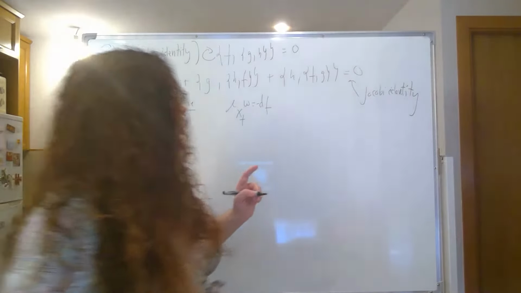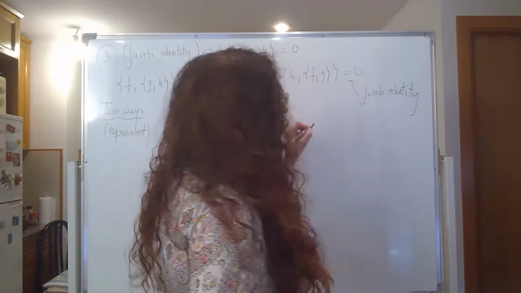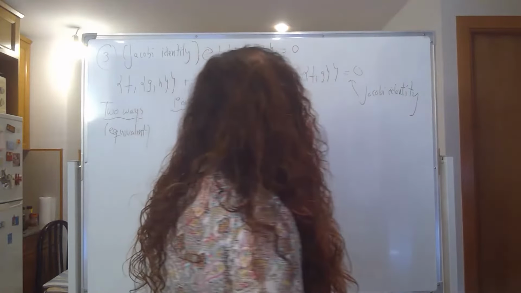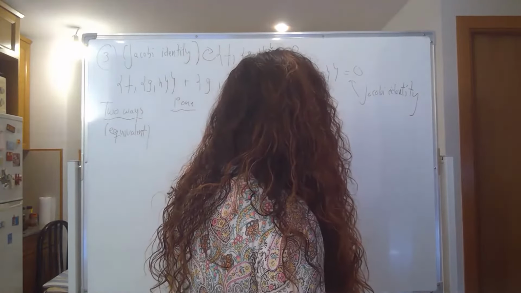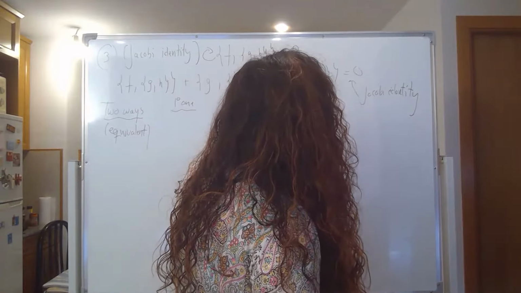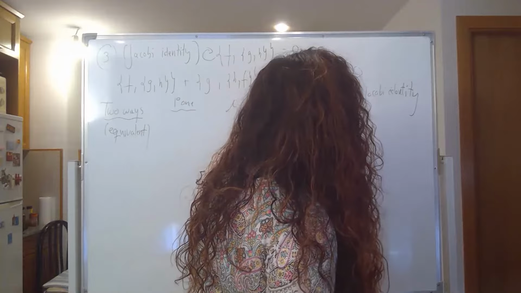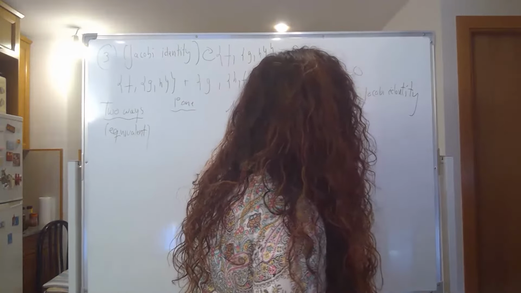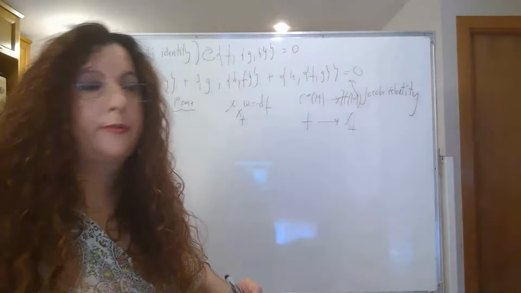And indeed, I sort of mentioned that you can consider the bracket from the set of functions to the set of vector fields and check that this is a Lie algebra morphism.